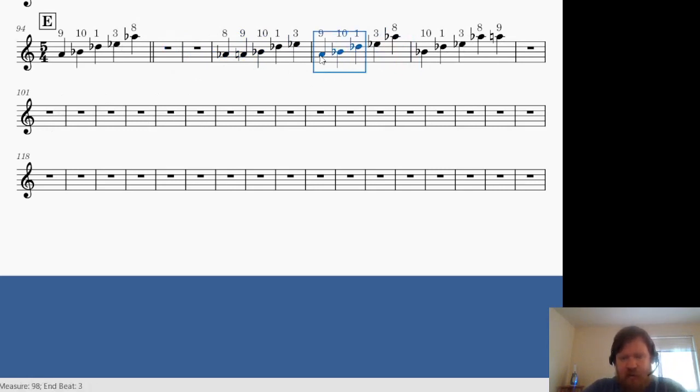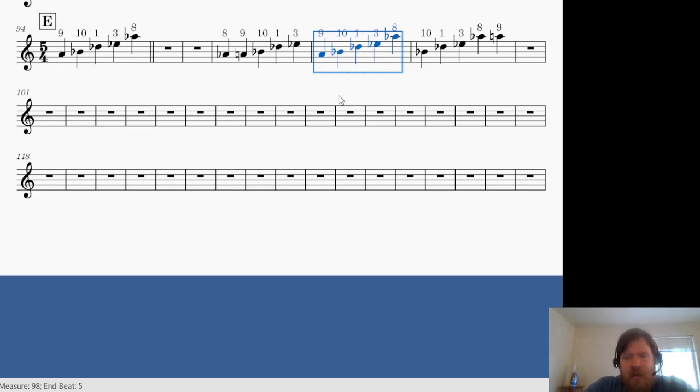Okay, let's see what we have over here. This one goes from A to A flat, which is a major 7th.